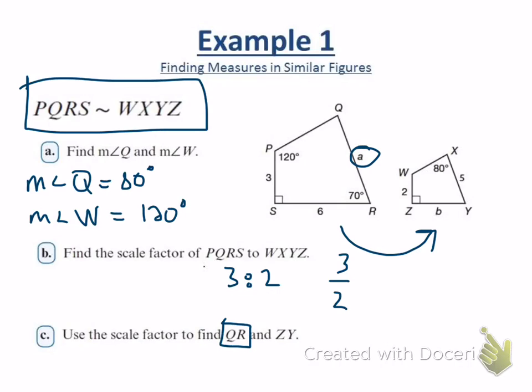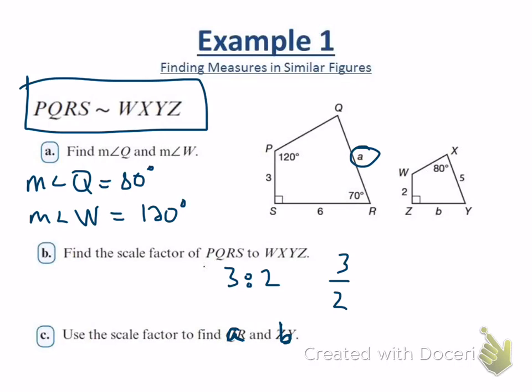I really wish this said to find A. That's what I was just doing on my paper. Because you guys haven't done quite enough geometry to know yet that if you just have a segment without the segment symbol over top of it, that means the measure of that segment. So what they want you to find there is A, and ZY is B. Now I want you to set up an equation to solve for these things and not just use logic.